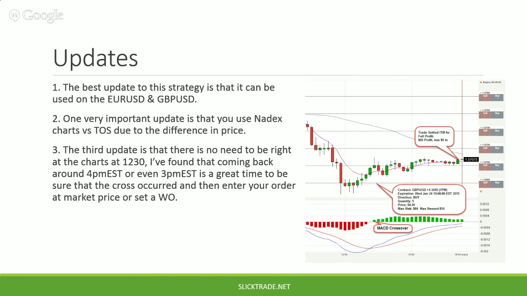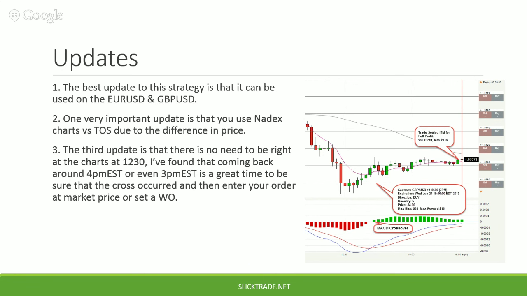I would just leave my Thinkorswim up because I use it for other strategies, but when I saw that cross, that's when I would look on Nadex, and then I would check that chart to get the correct strike. So it never really dawned on me that many people weren't even looking at that difference. So my suggestion to everyone is only use Nadex charts from here on out on this strategy.